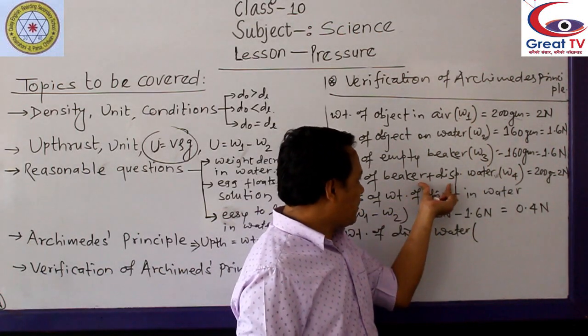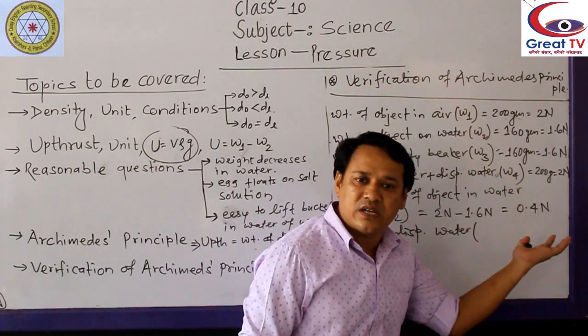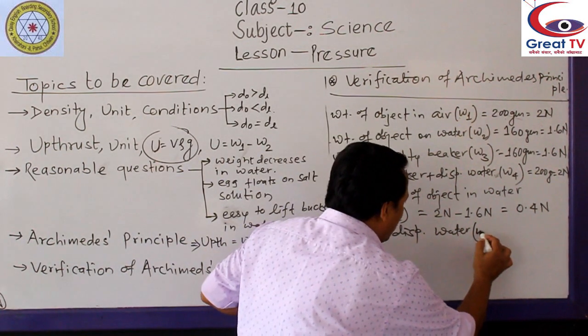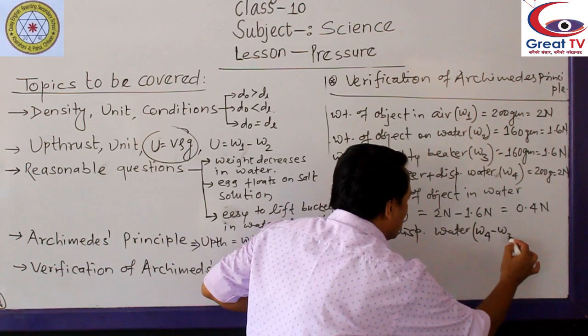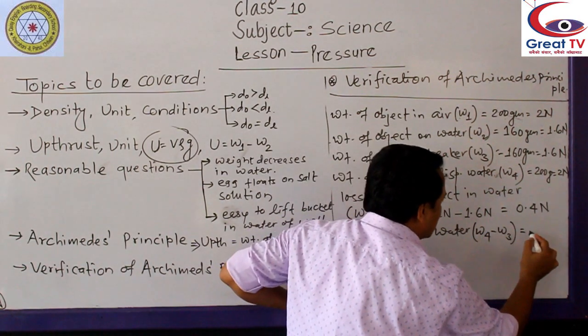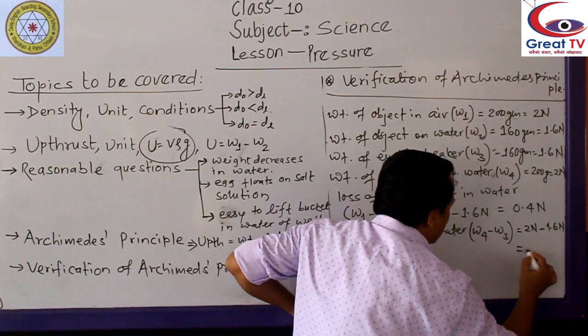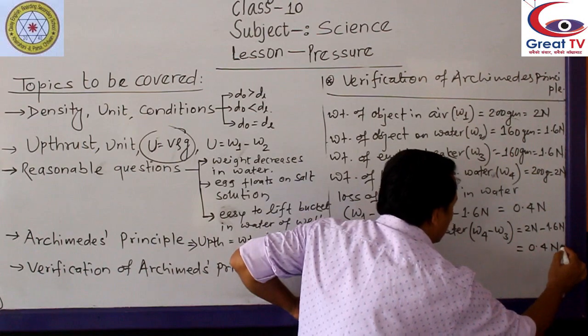This is water plus beaker, this is only beaker, so if we subtract the beaker, only the water weight remains. Here it is 2 Newton minus 1.6 Newton, which is also 0.4 Newton.